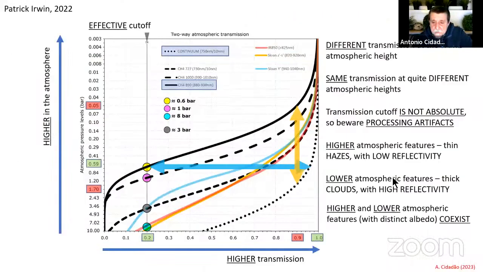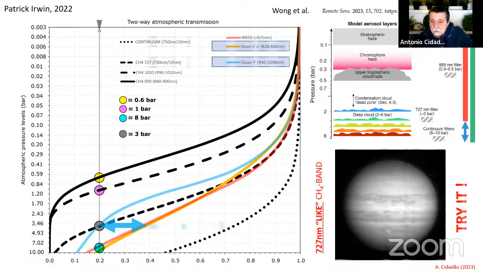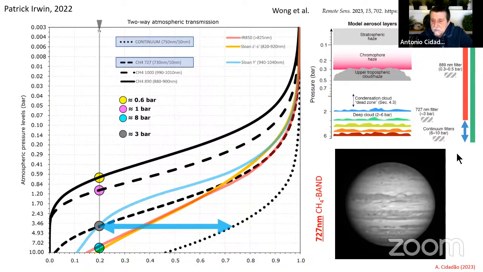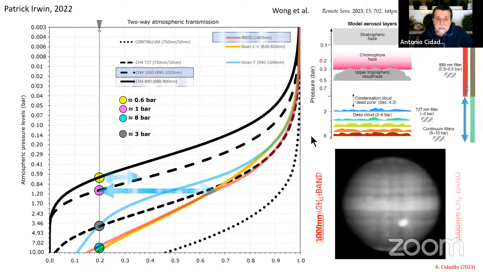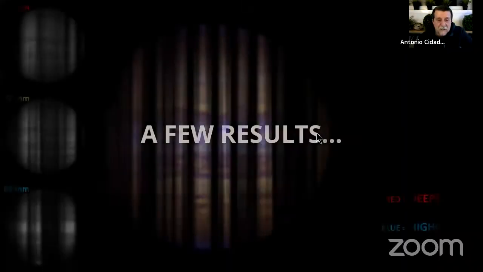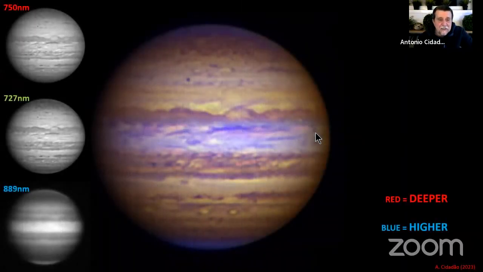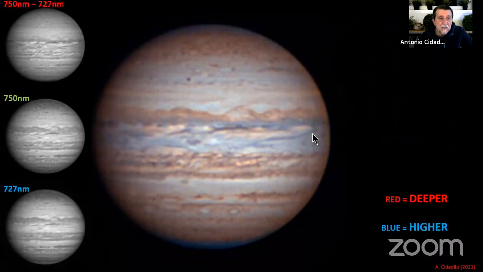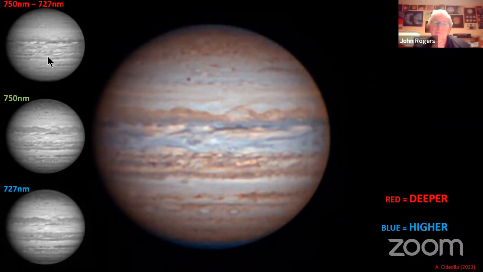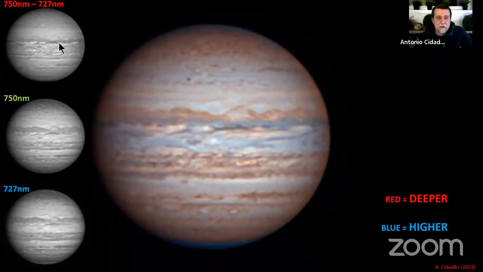So this, for instance, this kind of subtraction also seems to be very interesting. But this is a new set of filters that I don't have that much experience with so far. This subtraction was made between calibrated continuum and methane filters.